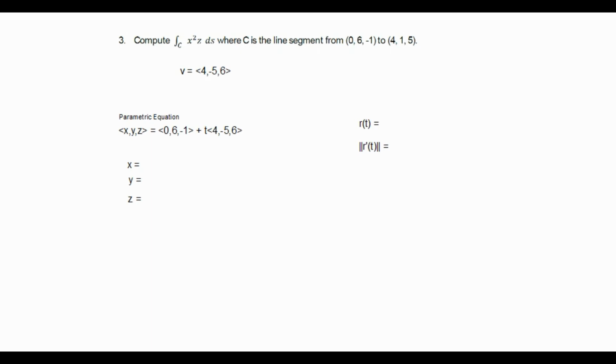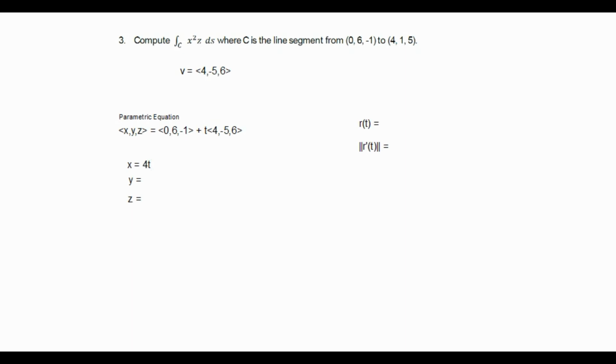We have our vector, so we have our parametric equation, and now we can conclude x from here. So that will be 0 plus t, and we take the first one, 4t. So 0 we can ignore, so we just have 4t left.